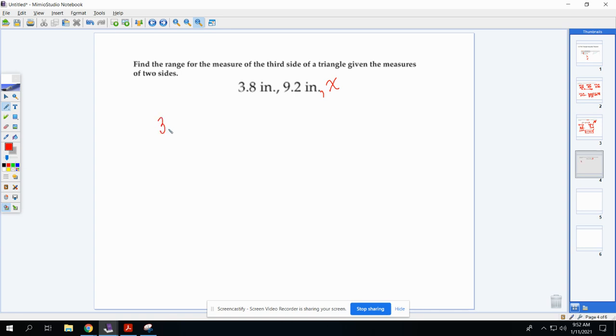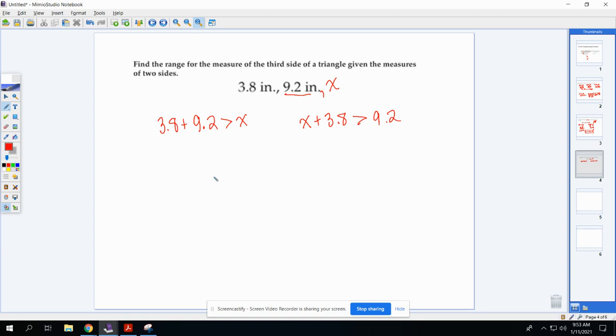So if we started off just like we did in the previous question, we'll say 3.8 plus 9.2 is greater than x. And then over here, we're going to have the biggest number on the right-hand side. So x plus 3.8 is greater than 9.2.